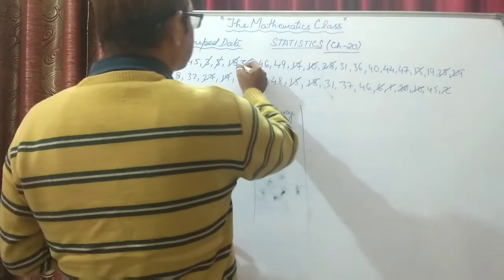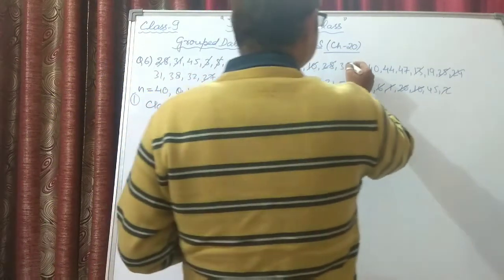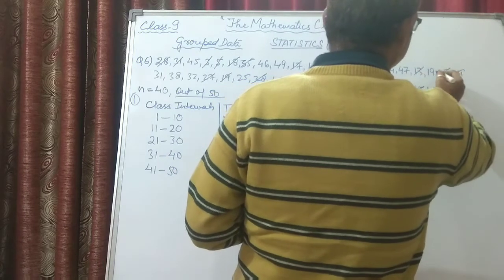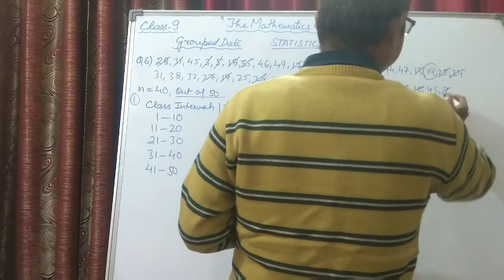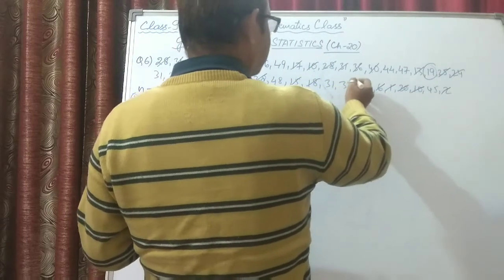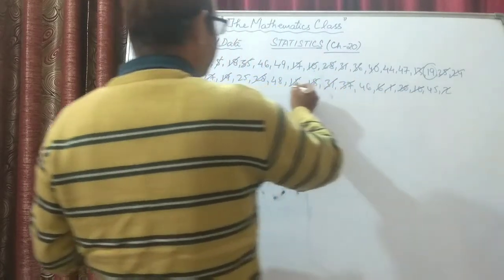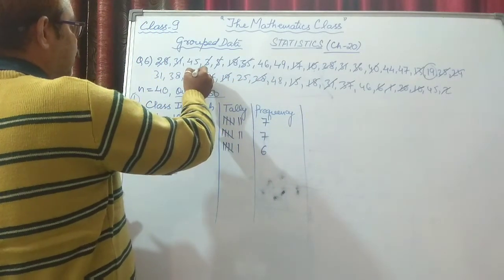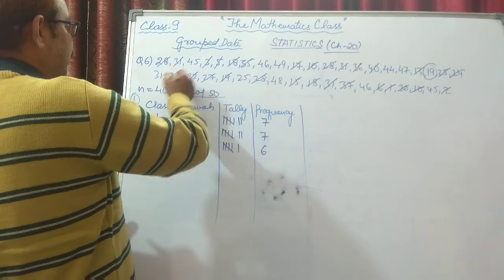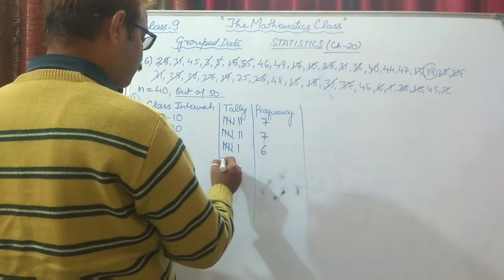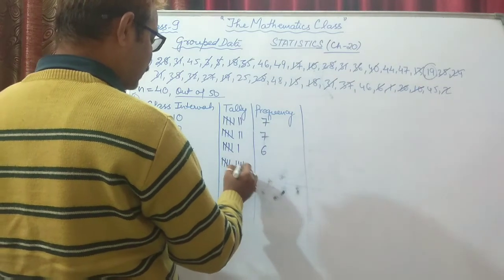Now 31 to 40: 1, 2, 3, 4, 5, 6, 7, 8, 9, 10.